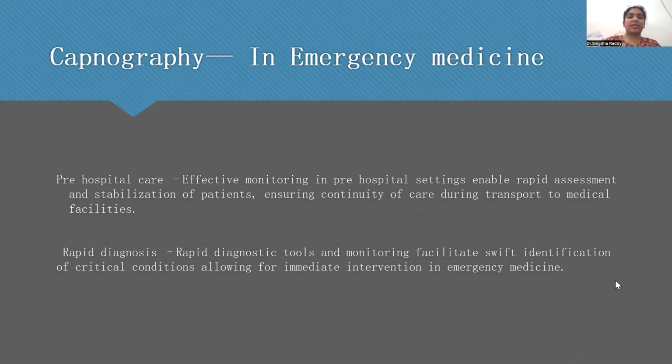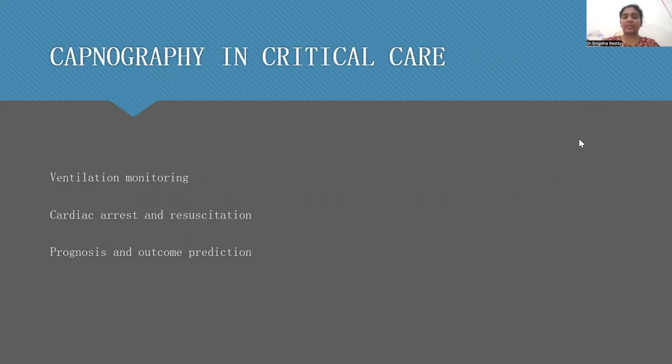Rapid diagnostic tools and monitoring facilitate swift identification of critical conditions, allowing early intervention in emergency medicine. The earlier we detect the condition using capnography, the earlier we treat it and take steps to save the patient. Now, in critical care, it's used for ventilation monitoring, cardiac arrest and resuscitation, and prognosis and outcome prediction.